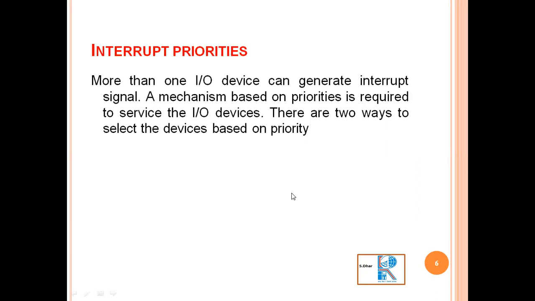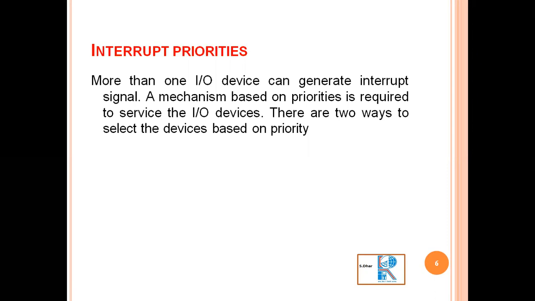Now, there may be a case that in a system there is more than one I/O device. Clear? And more than one I/O device can generate an interrupt signal. Suppose there are 1, 2, 3, 4 up to n I/O devices, and more than one I/O device can generate the interrupt signal at the same time. So the CPU has to service the particular I/O device.